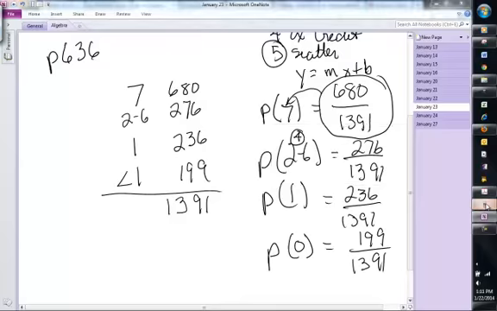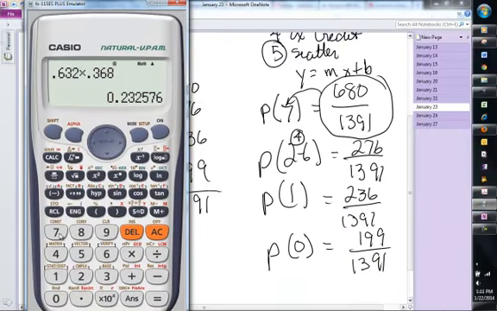Okay, so on our calculator, to find out how much contact the average person had, we would just take 7 times fraction 680 over 1391 plus 4 times fraction 276 over 1391 plus 1 times fraction 236 over 1391.